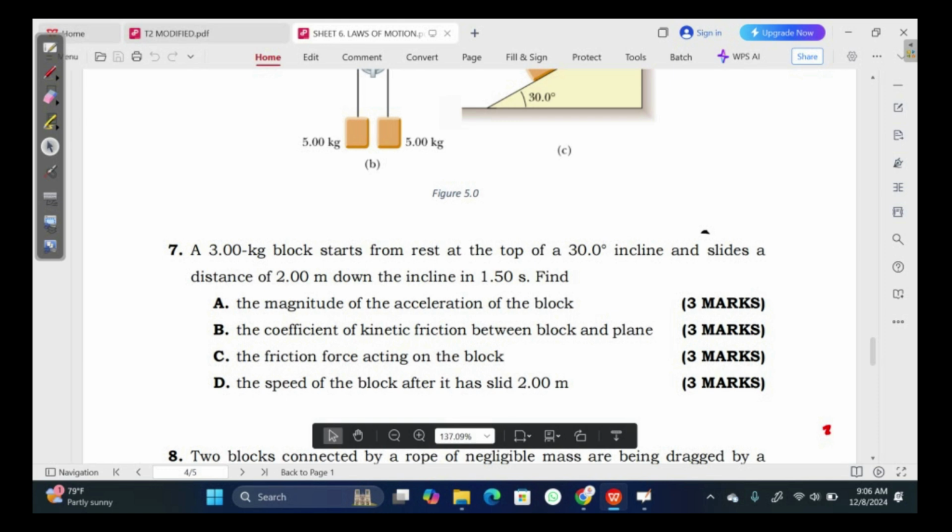You have seen it, right? Yes. So let's solve. That is question 7. I solved it from the tutorial sheet, but let's just solve it again.